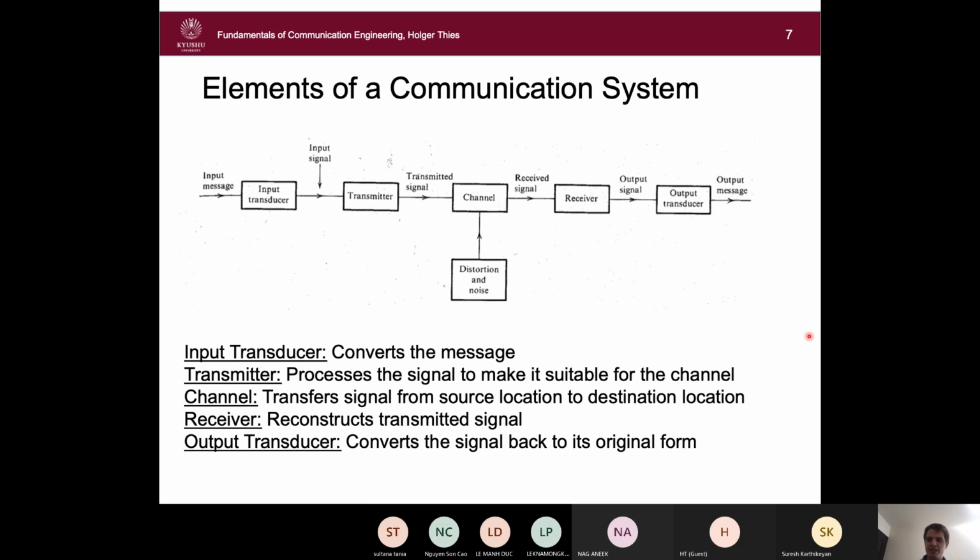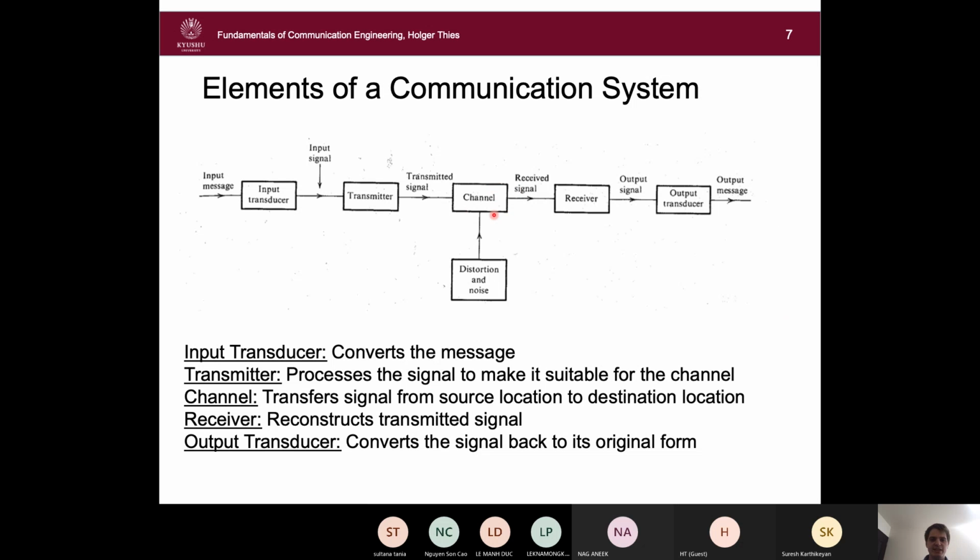The channel is the physical medium that is used to transfer the signal from the source to its destination. Examples for channels are wire, optical fiber, or also wireless interfaces.